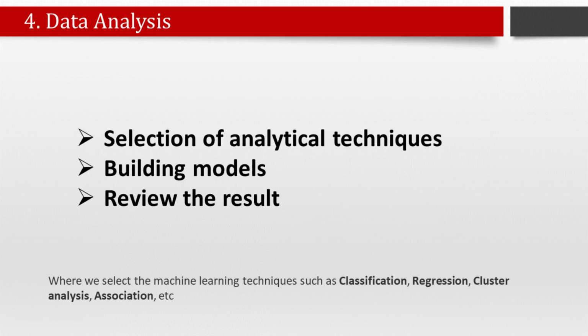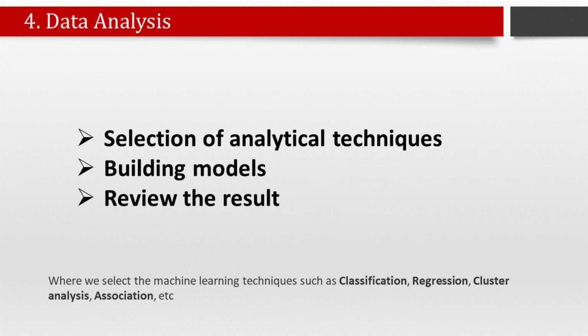So our next step is data analysis. Basically, the cleaned and prepared data is now passed to the analysis step. This step involves the selection of analytical techniques, building models, and reviewing the results. The aim of this step is to build a machine learning model to analyze the data using various analytical techniques and review the outcomes.